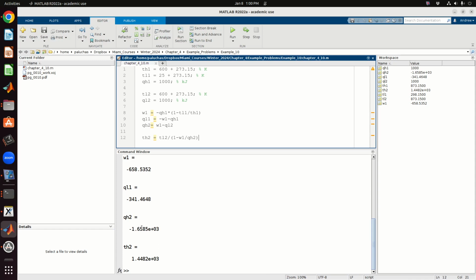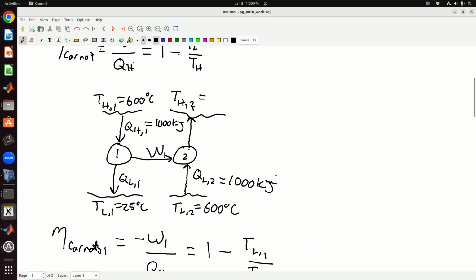So that's 1,658.5 kilojoules. And the temperature of our hot body is 1.4482 times 10 to the 3. So that's 1,448.2 degrees Kelvin.